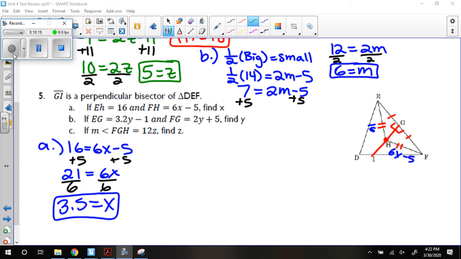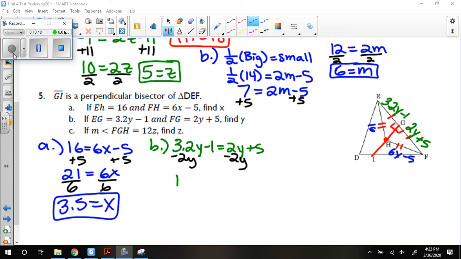Okay, for part B, you are told EG is 3.2y minus 1, and FG is 2y plus 5. We know that those two pieces are equal, so for B, we can set them equal. 3.2y minus 1 equals 2y plus 5. We can subtract the 2y.